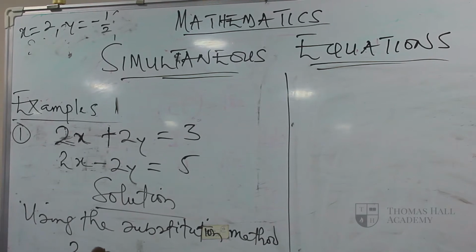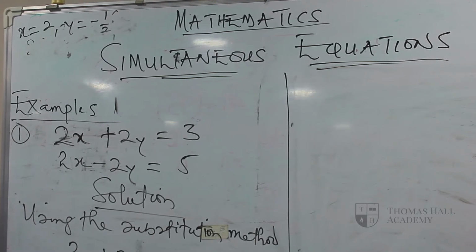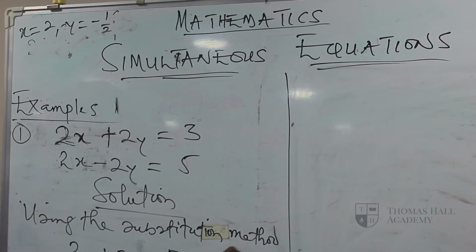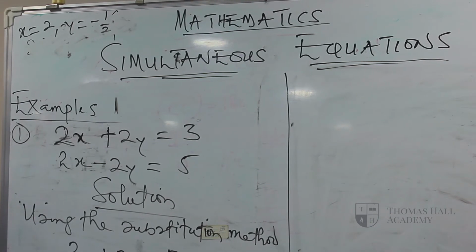Equation 1: 2x plus 2y equals 3. And equation 2: 2x minus 2y equals 5.